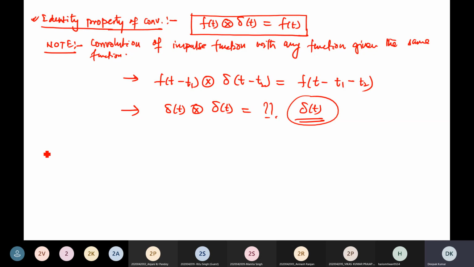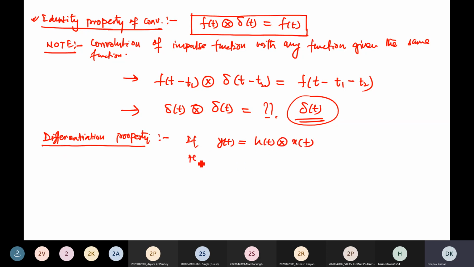Another property of convolution, in this case you can say the differentiation property. If y of t is equal to convolution of h of t and x of t, then the derivative of y of t will be convolution of x of t with the derivative of h of t, or derivative of x of t convolution with h of t.